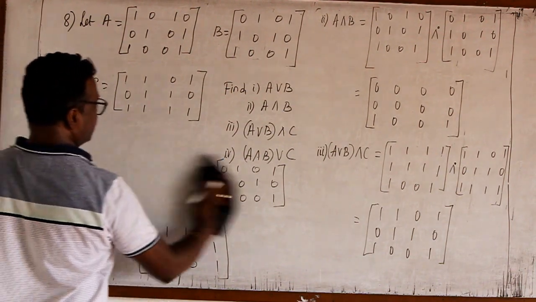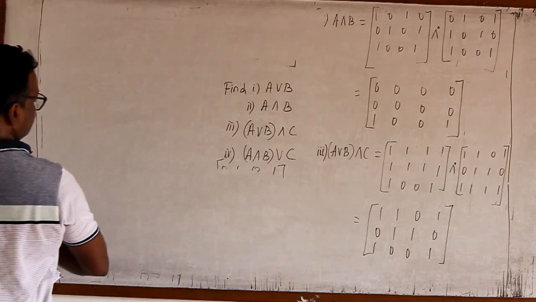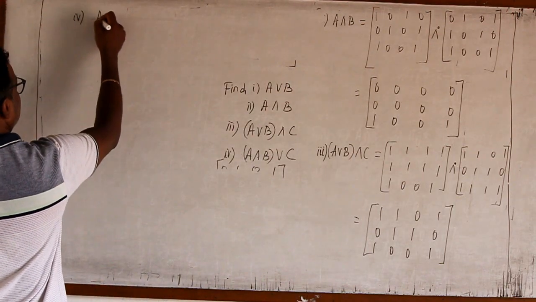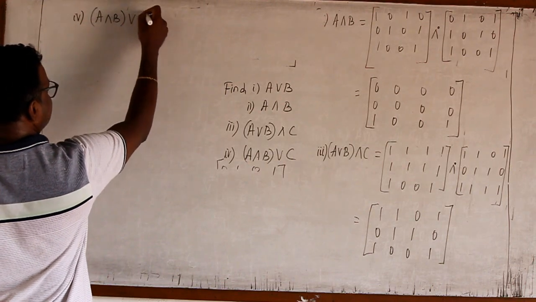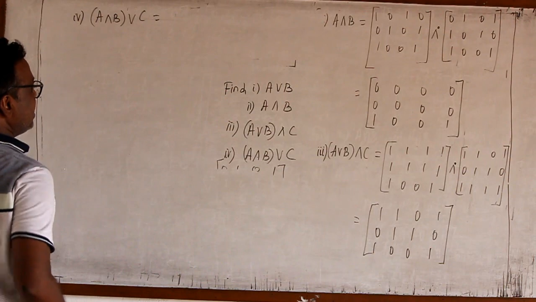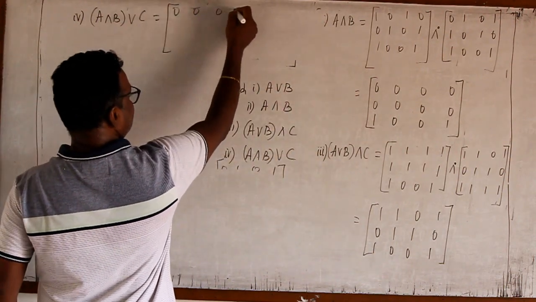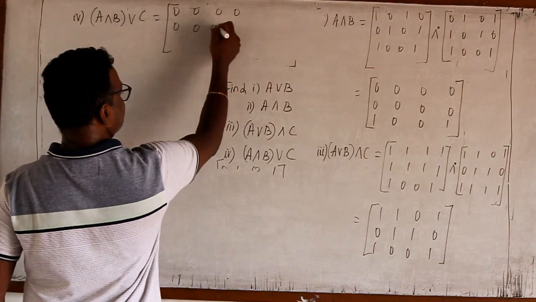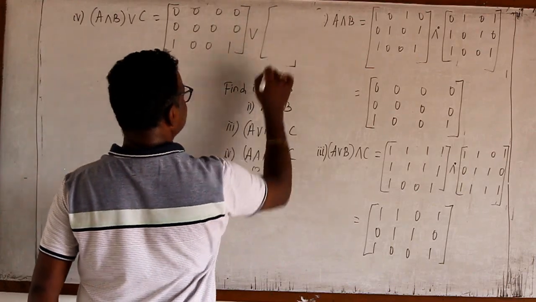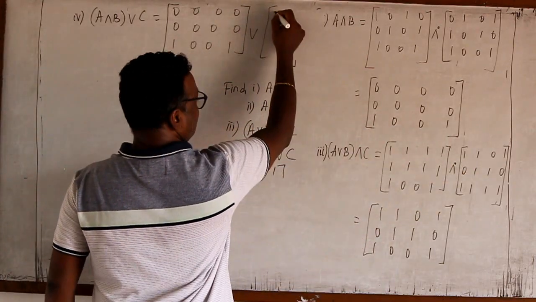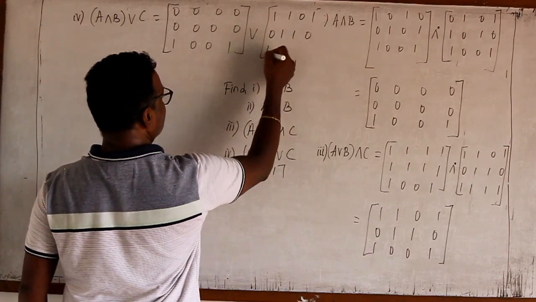Now we shall go for the fourth one. What is the fourth question? A and B, or C. But we have A and B as this one, 0 0 0 0 0 0 0 0 1 0 0 1, OR C. What is C? C we have here: 1 1 0 1 0 1 1 0 1 1 1 1.